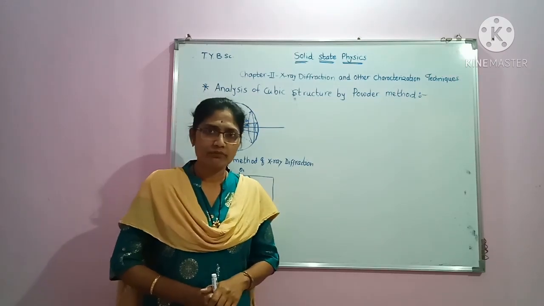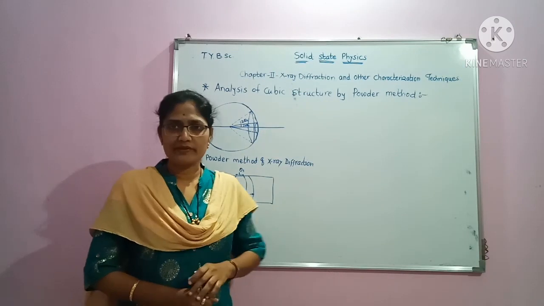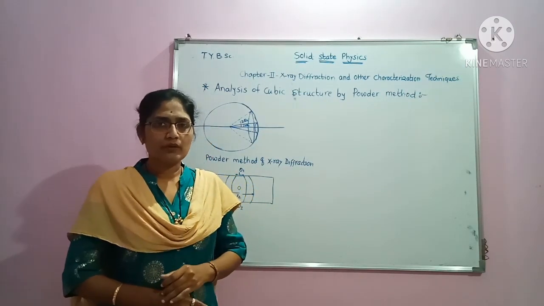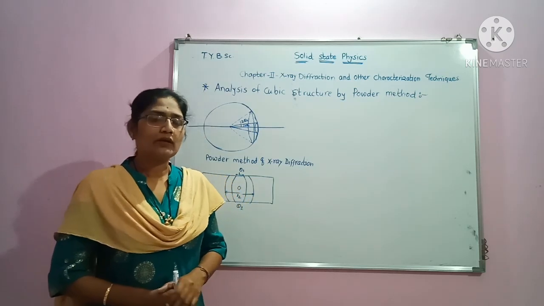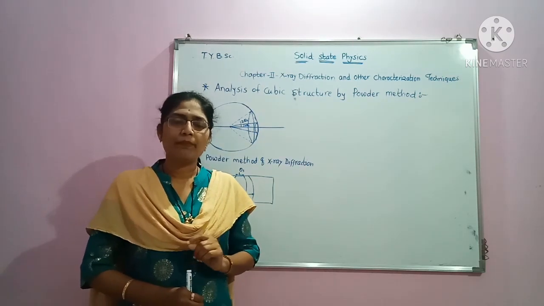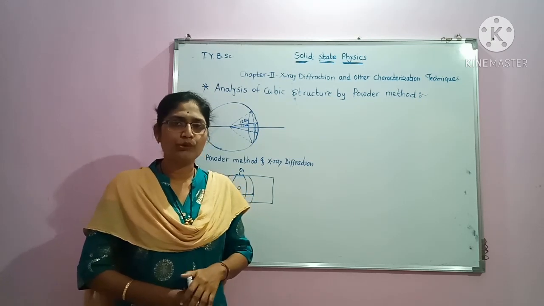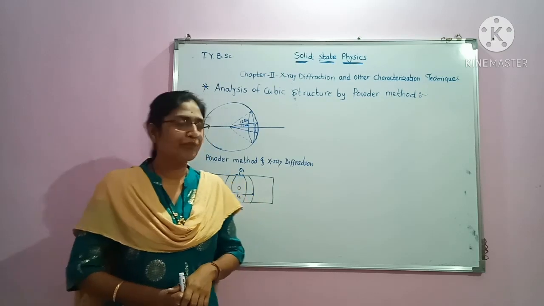Here we have taken a cubic crystal because we want to study the cubic structure. So we have taken a cubic material in the powder form, and it is placed on a hair with the help of glue, and it is suspended in a Debye-Scherrer camera.